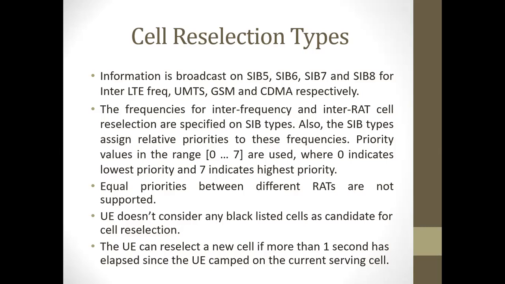But that would be too much for it if it were completely random. So rather, the LTE cell provides what 3G and 2G cells there can be around. It gives a list, so it checks only the listed 3G or 2G cells to see whether they are available and what their strengths are.